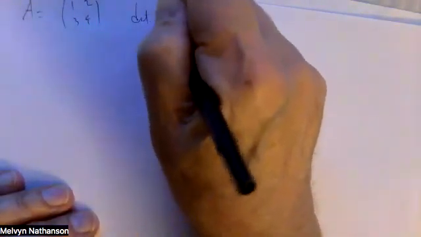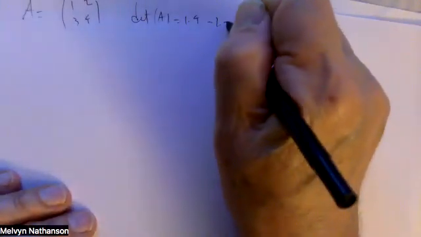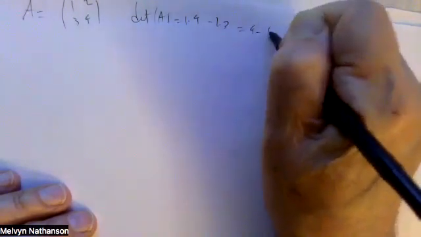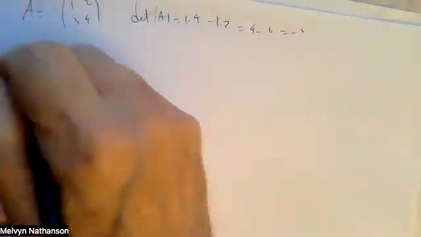For example, if we take A to be [1, 2; 3, 4], the determinant of A is 1 times 4 minus 2 times 3. 4 minus 6 is minus 2.